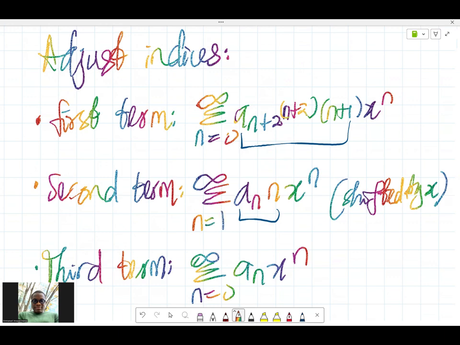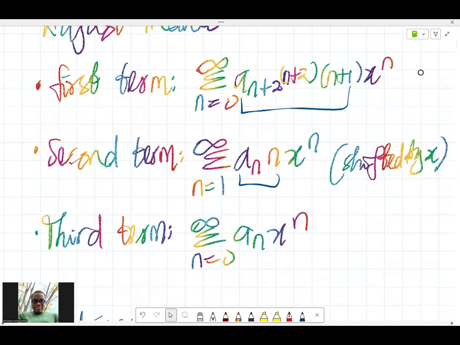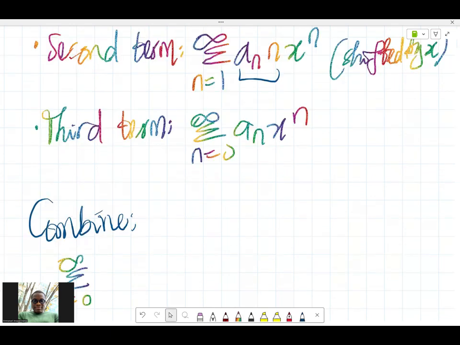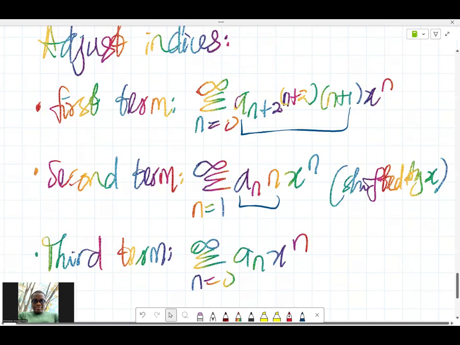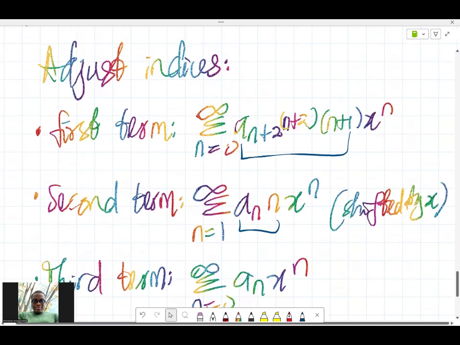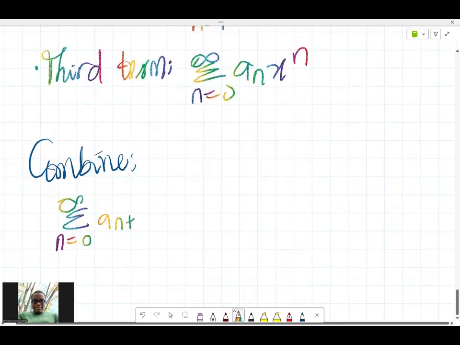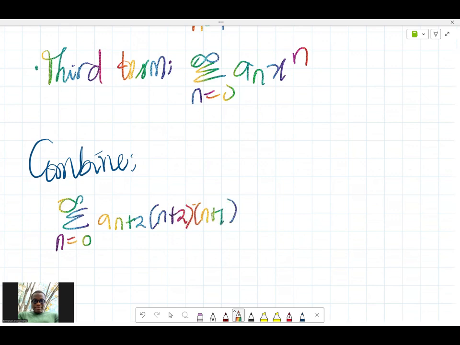So we need to do this one in such a way that, in fact, let me do it this way. We have summation from n equals 0 to infinity, so we extract this stuff now. So we have a n plus 2 into n plus 2 into n plus 1. We have this.